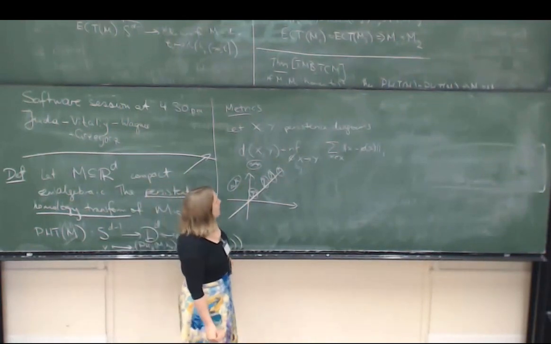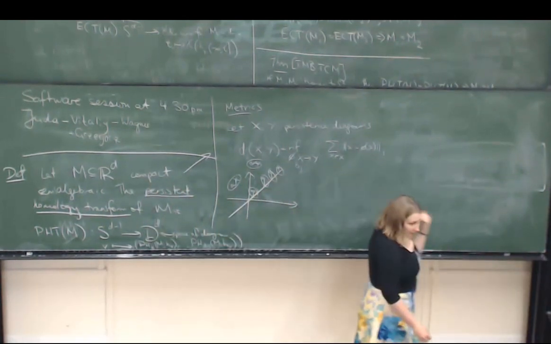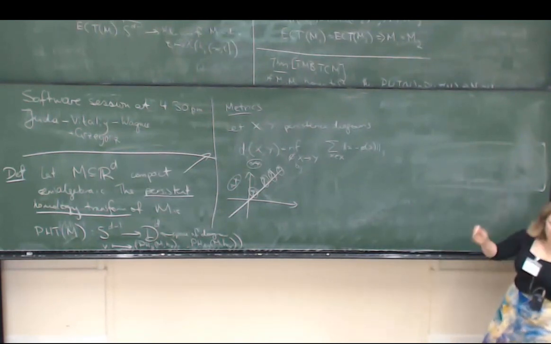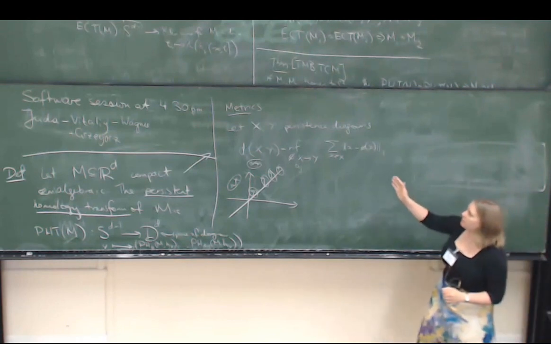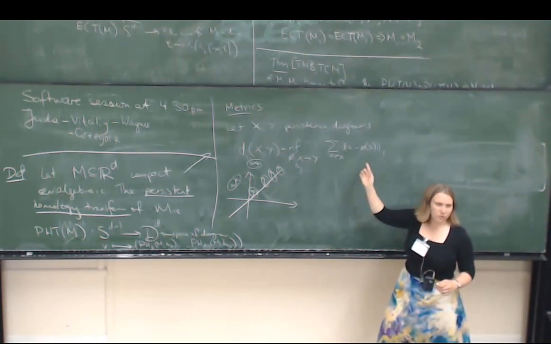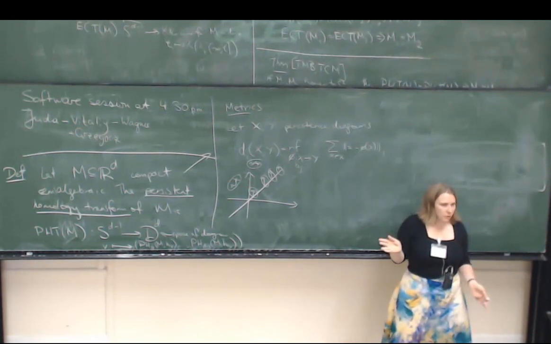Okay? Now, if I have that for one direction, so remember, if I've got a direction v, I'm looking at my shape from direction v, I can say, well, the distance between bone 1 and bone 2 in direction v is this. If I want to do the whole bone, I'll just integrate over the whole sphere.